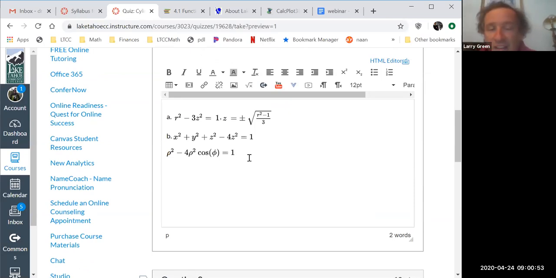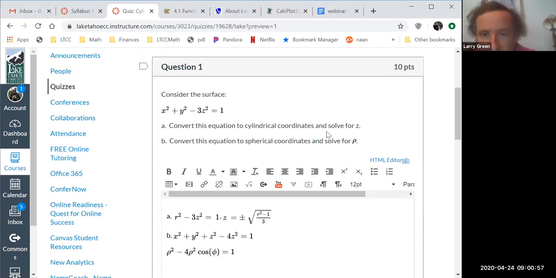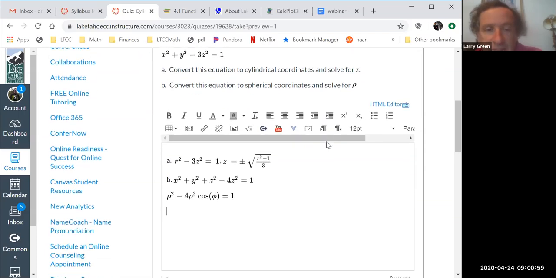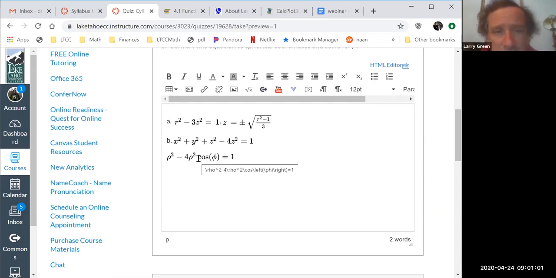Okay, so now it's just algebra. According to the question, we're supposed to solve for rho. So now we just solve for rho. We can factor a rho squared out. So I'm going to copy it, paste it in, and then adjust.